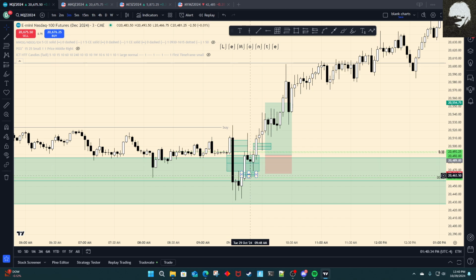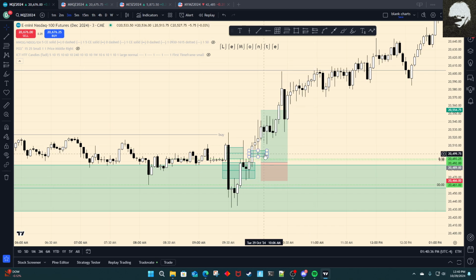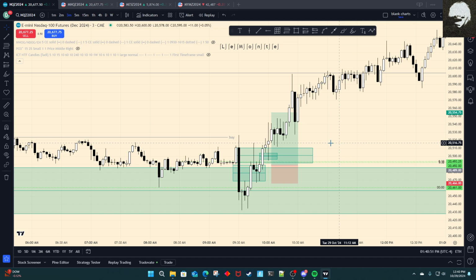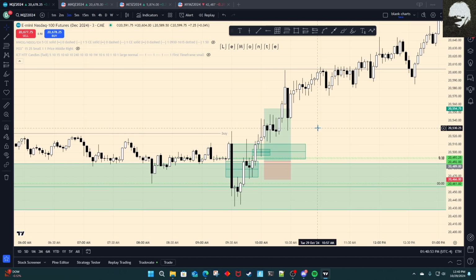Inverse, gap. Second entry. It's actually a breaker entry that I did not see because I was on the 1 minute.